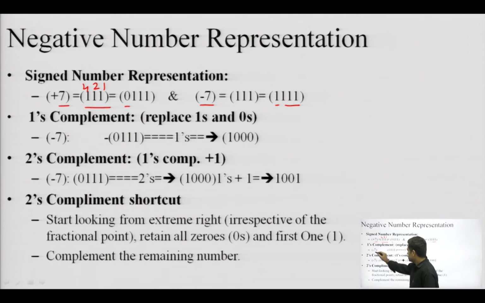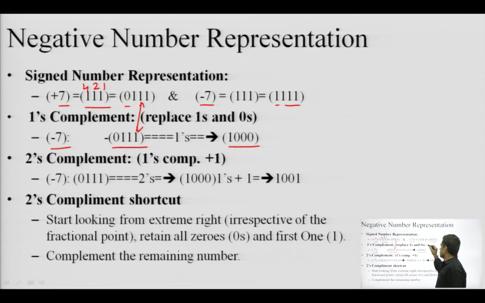So, if this is minus 7 written as 0, do not get confused that this 0 is plus 7. This 0 is not in signed magnitude form, it is just a simple plain binary number 0. So, the one's complement of 0 will be 1, as mentioned here: replace ones and zeros, interchange ones and zeros.